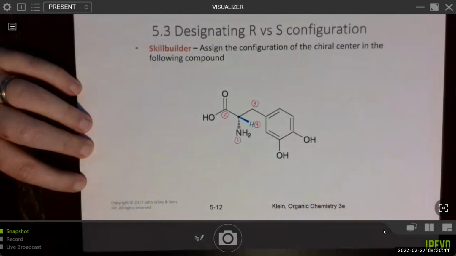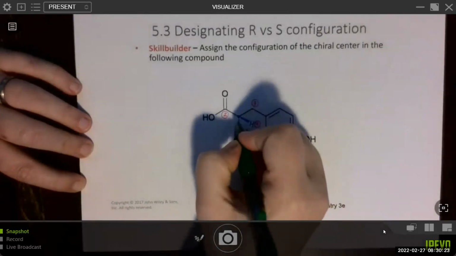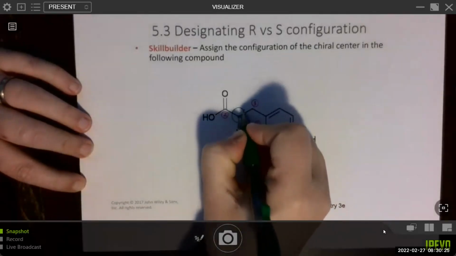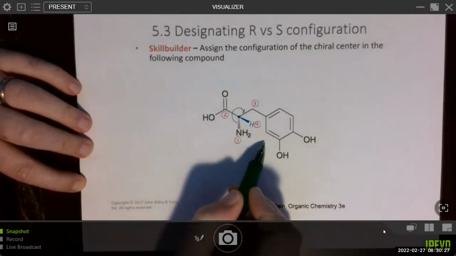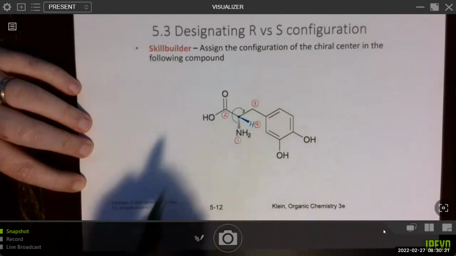So for me, if I go like this, that's clockwise, right? But for you, if you're looking from the other perspective, that would be counterclockwise. Okay, so you could just say 1 to 2 to 3 with the hydrogen coming out at me instead of going back, right? Instead of clockwise and R, it's going to be S.